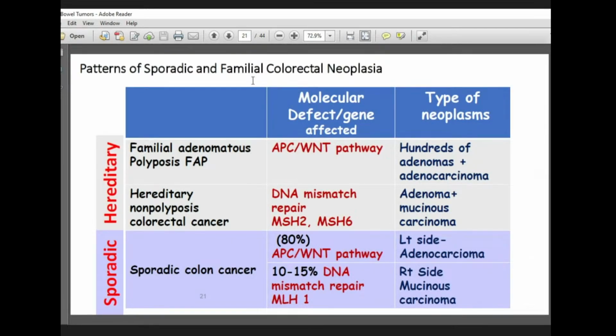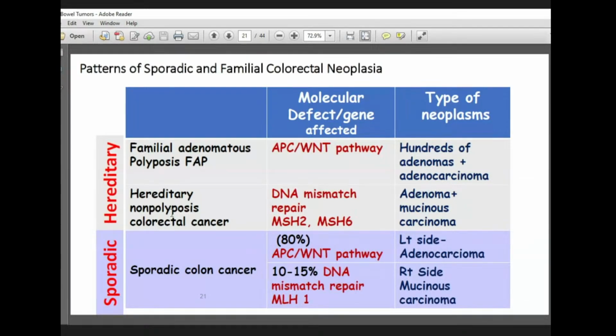So the pattern of sporadic and familial colorectal carcinoma. Familial ones are hereditary, and this is sporadic. In hereditary, you have two spectrums. Familial adenomatous polyposis: this is the APC WNT pathway, the gene involved is the APC gene located on chromosome 5, with hundreds of adenomas and adenocarcinoma.